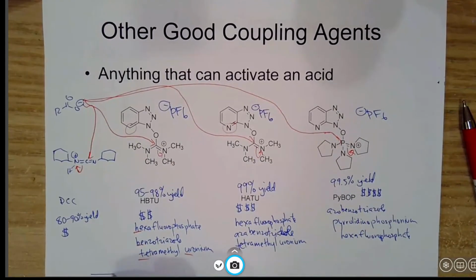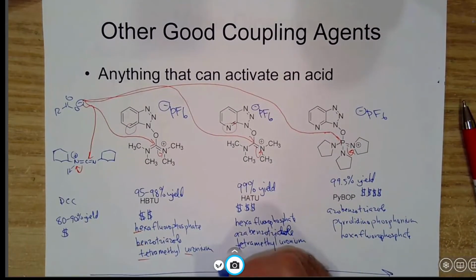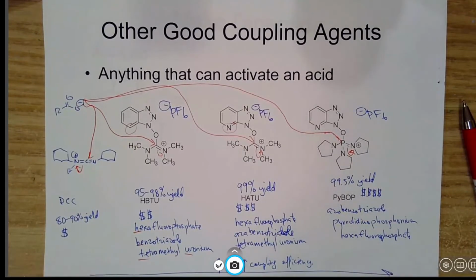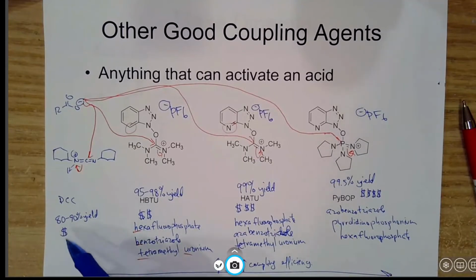So you can see here, as you go from left to right, the price goes up, but so does the coupling efficiency. So researchers will usually start with something like DCC and see how that goes. If they need higher yields or they're having a very sluggish coupling reaction, then they might go to something a little more expensive.